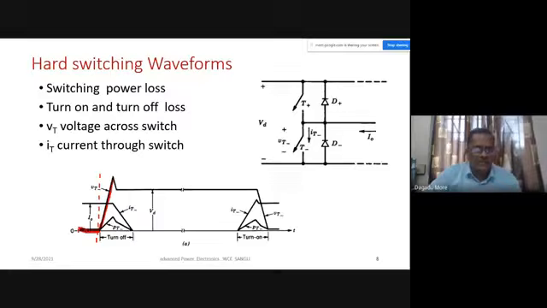Here the voltage across the switch is 0. And this is the current through the switch.